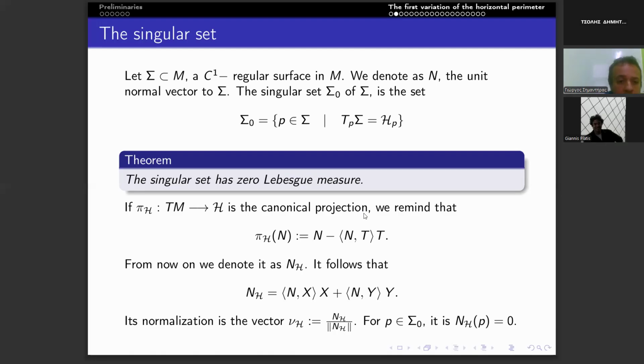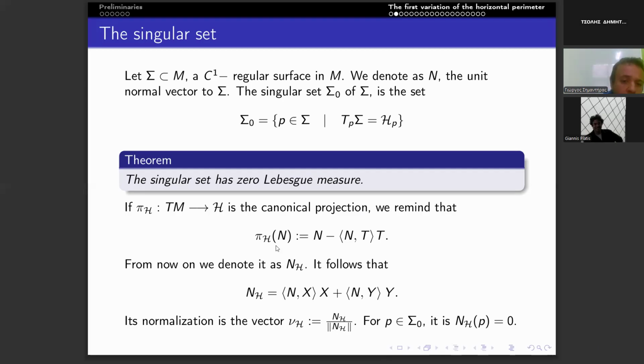And we remind from our previous talk that we denote as P_H the canonical projection from the tangent bundle to the horizontal subbundle. The horizontal projection of the unit normal vector is practically n minus the transverse part of n.